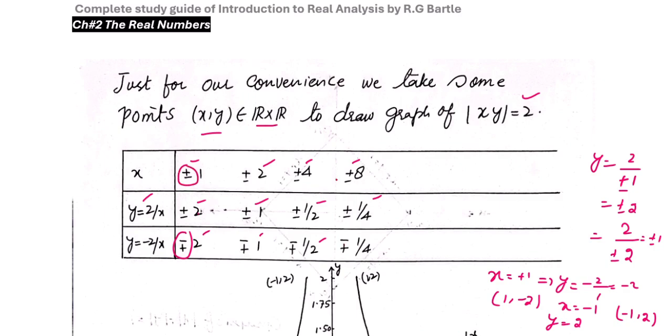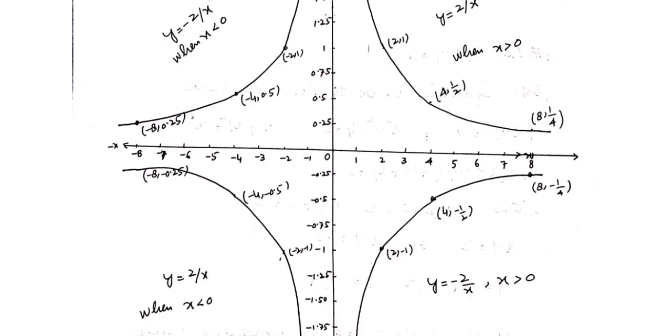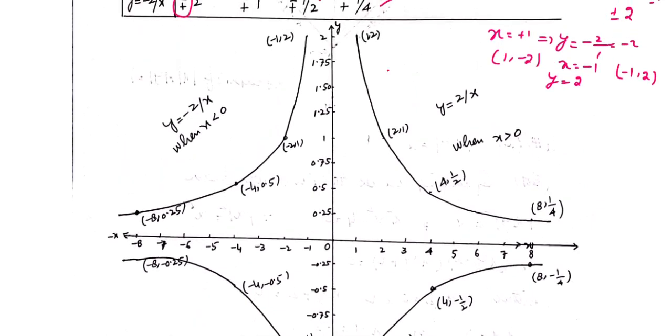Next, after evaluating all of these points, we can plot all of these points by scaling, and we can make this graph. The graph is in the first and third quadrant.